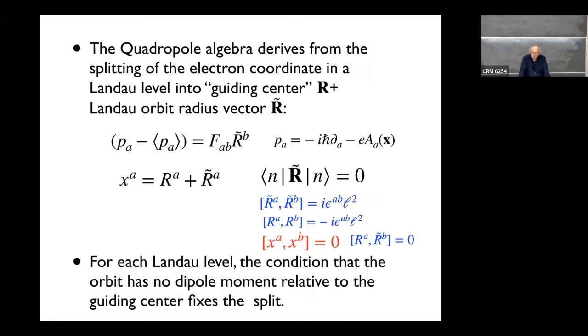It actually derives from the splitting of the electron coordinate in the Landau level into two parts: a guiding center and a Landau orbit radius vector. Right? So if you've got Landau quantization, it means that all the orbits in the Brillouin zone on the Fermi surface are closed.